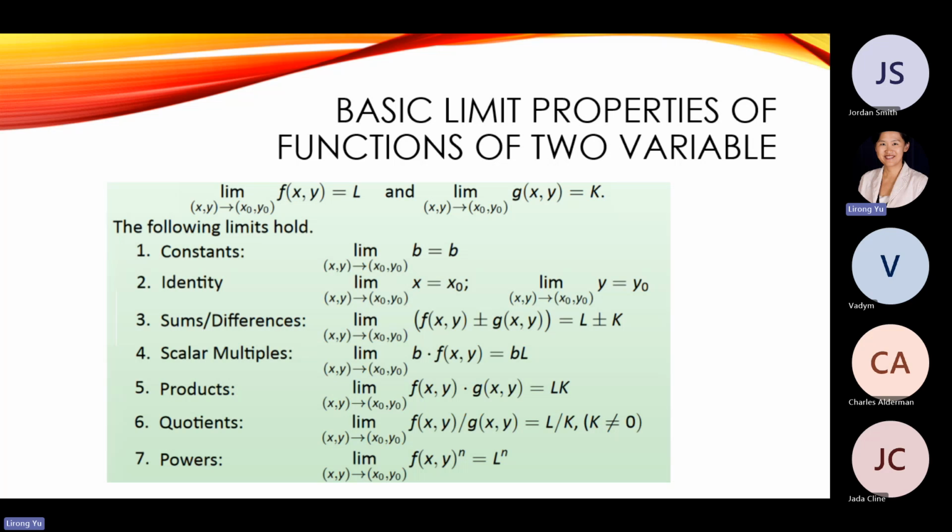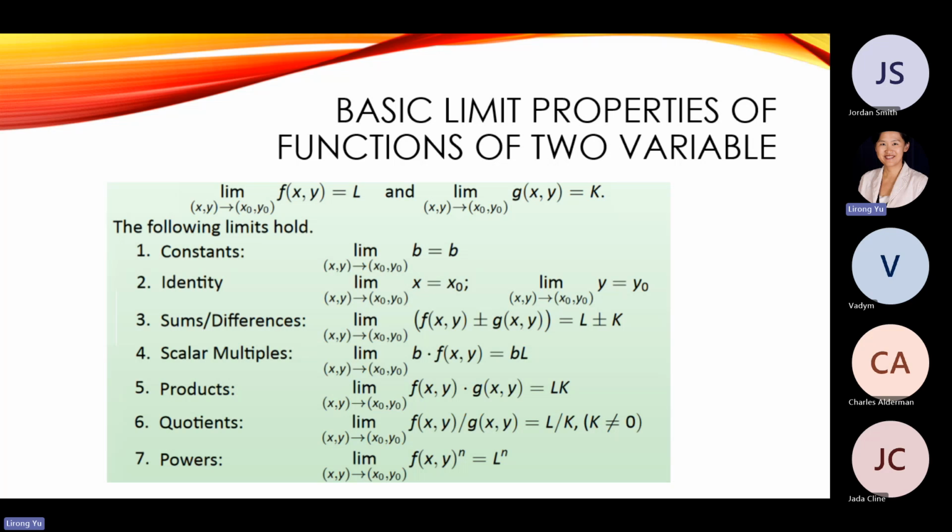Number one, for any constant function, the limit will still equal that constant number, because the function formula has no x or y variable. Therefore, (x, y) approaching the point or not will not affect the limit itself. That's why it's called a constant function.